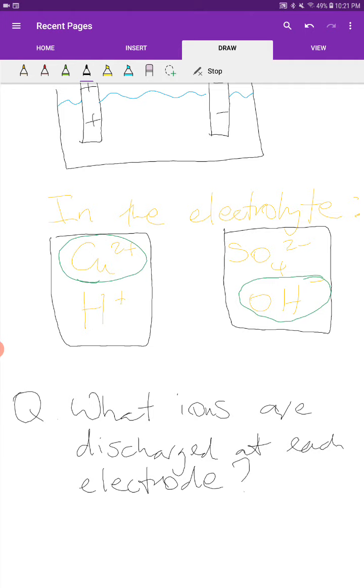Alright? So, at the cathode, remember cations move to the cathode, so the copper is lower down the electrochemical series, so copper 2 plus ions are going to be discharged.